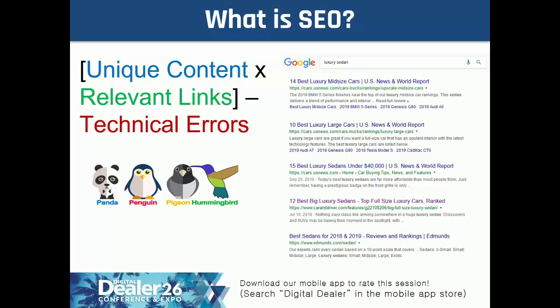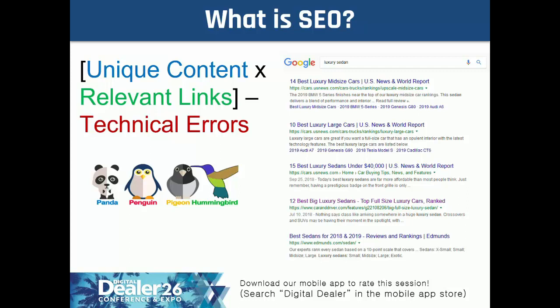Google's idea was that they came up with an algorithm, and the big piece of it was that if important sites link to you and you have unique content, that by itself signifies that you're important, and that's how they would rank things on Google.